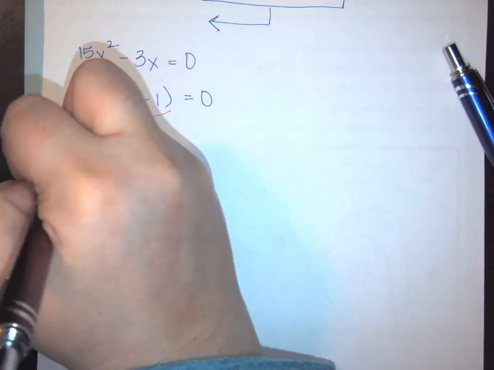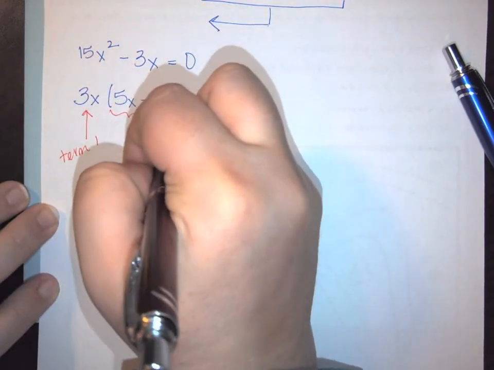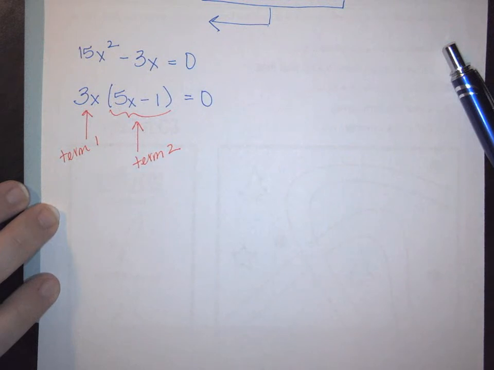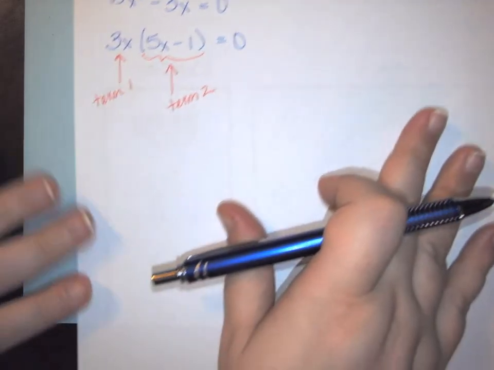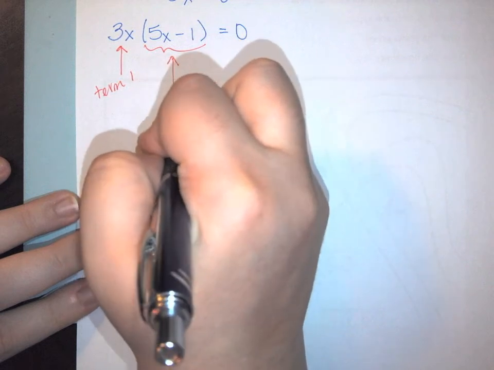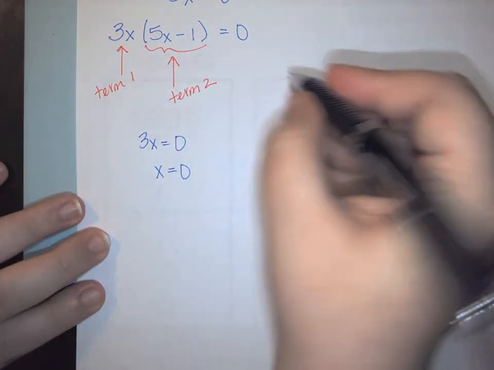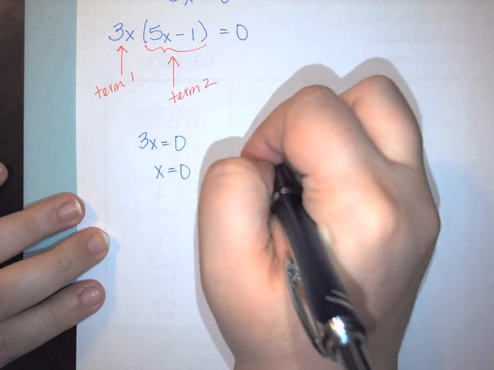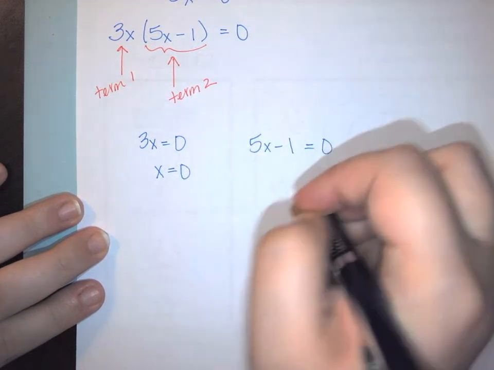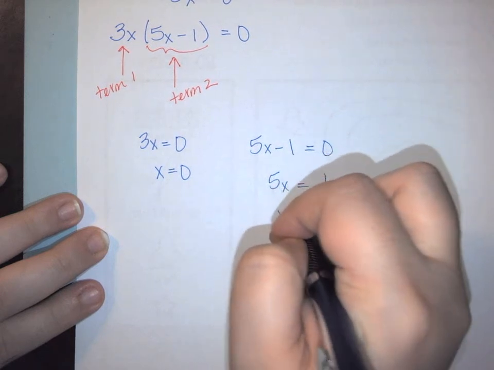Okay, so this is term 1 and this one is term 2. I have to solve both of them. So here we would end up with 3x equals 0, so x equals 0, and then we would have 5x minus 1 equals 0. The 5x equals 1, so x is 1/5.